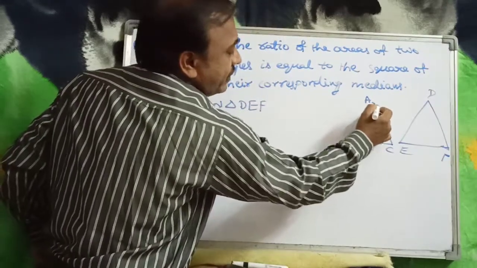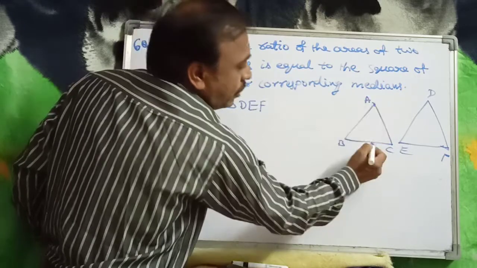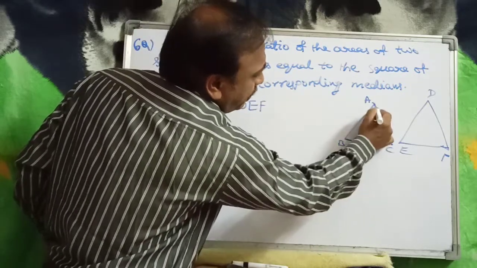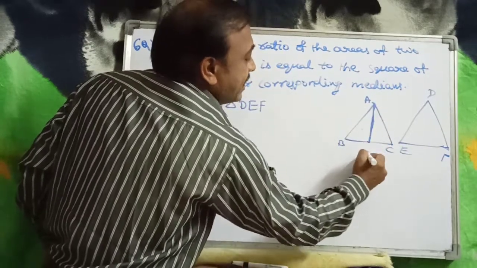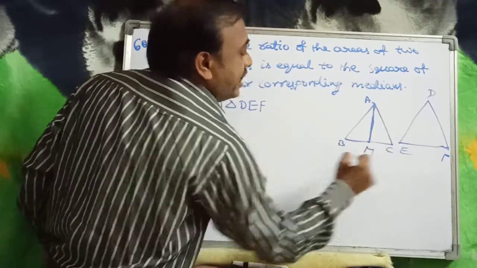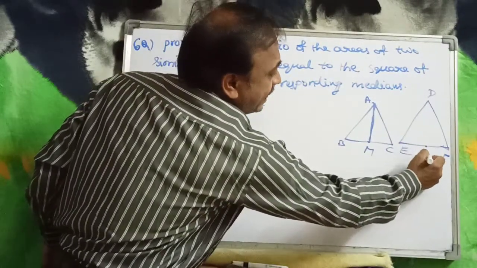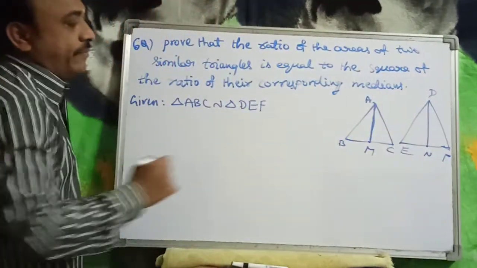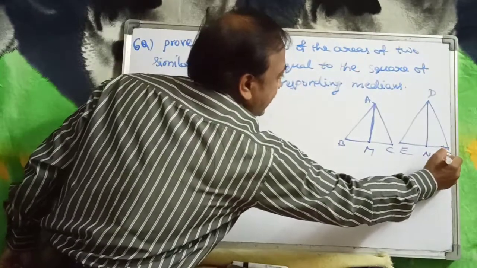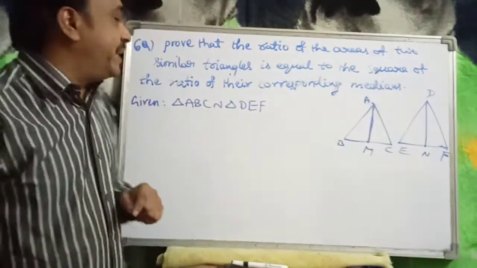We know median means which joins from vertex to the midpoint of its opposite side. Let AM be the median, M is the midpoint of BC, and here DN is the median, N is the midpoint of EF. Here AM is the median and DN is the median.